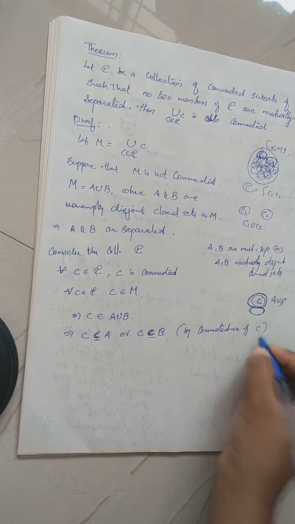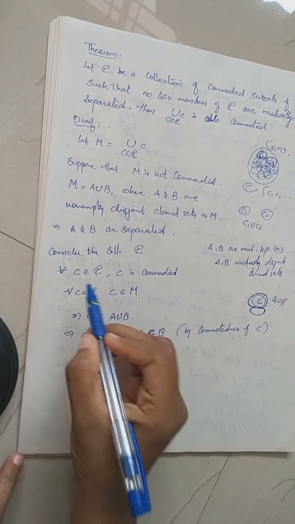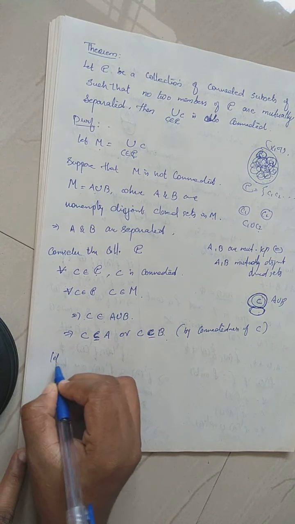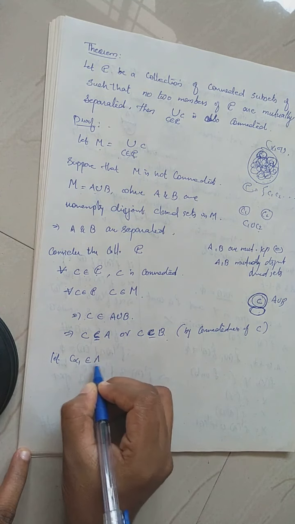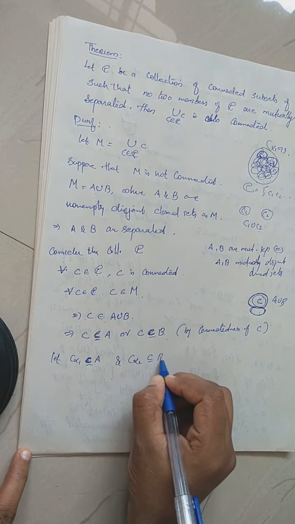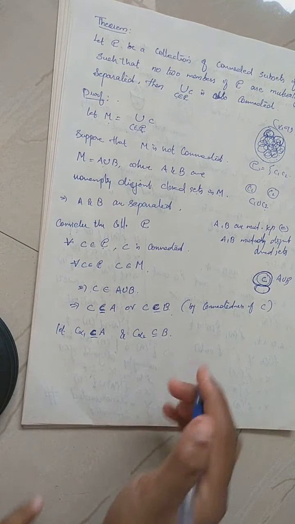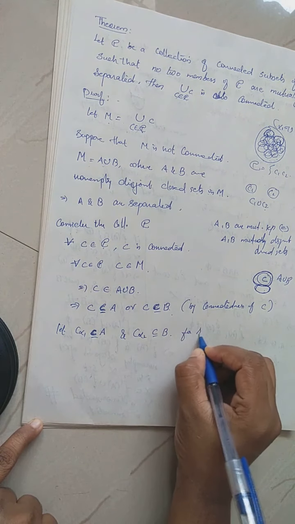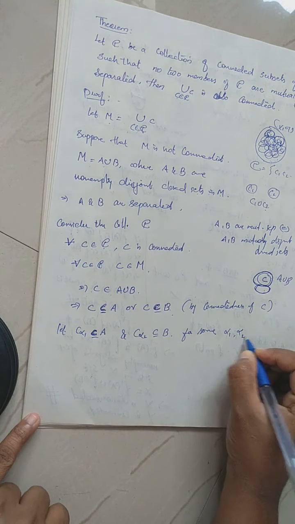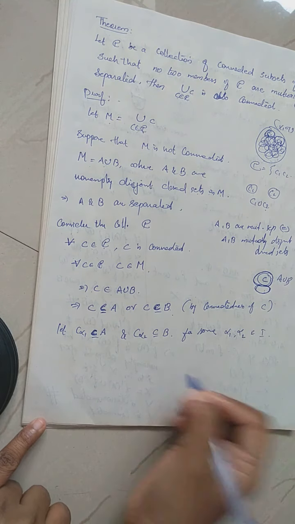Okay, so every element in the collection will have this property. So I take some C alpha 1. Let C alpha 1 be an element contained in A, and C alpha 2 be another element which is contained in B, for some alpha 1 and alpha 2 belonging to some index set, right?